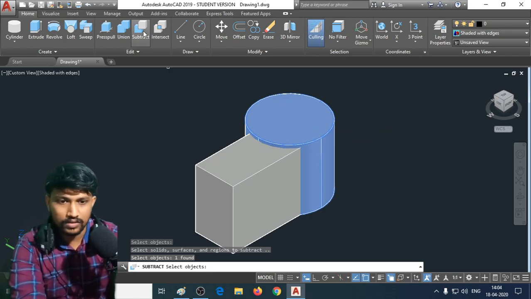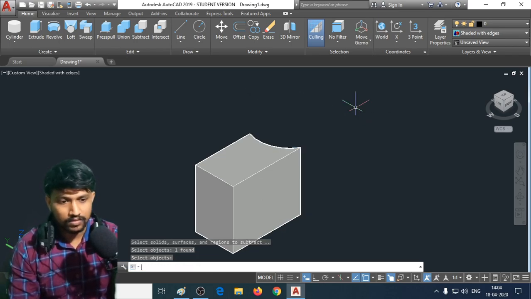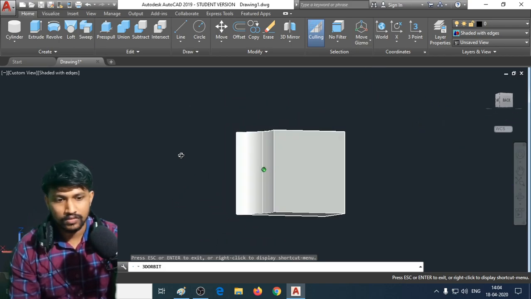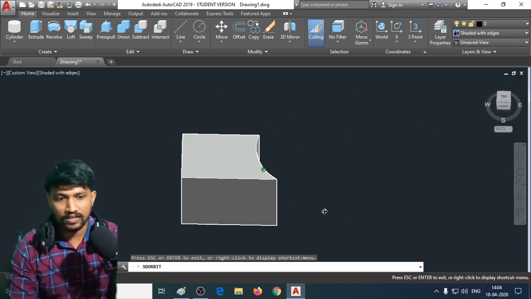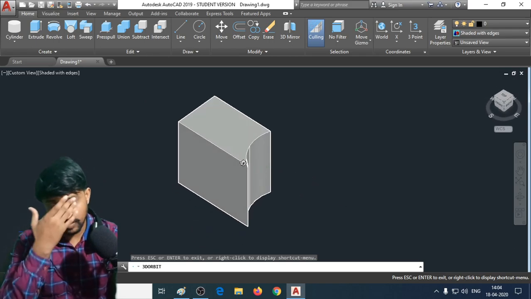That is how the subtract command is going to be useful for you. Press enter. If I go to this view, can you guys see that? The cylindrical portion that was there is removed.